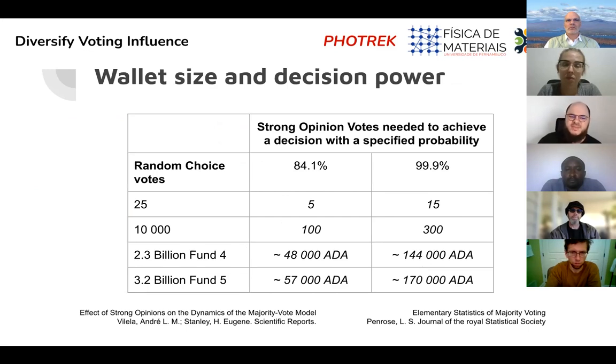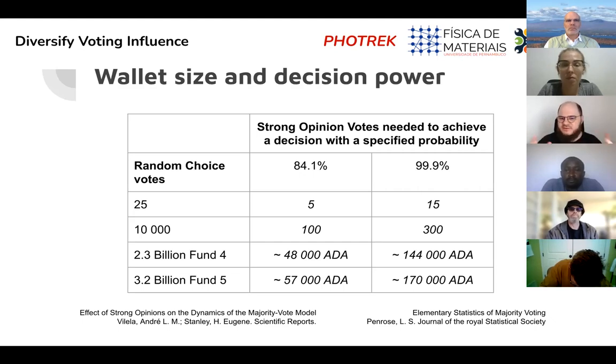But because of the statistics of the majority vote, you have some non-trivial results. Let's suppose that you have these 25 people, 25 votes, or let's say 25 ADA, and they are going to vote yes or no. If you have just 5 of those guys who say, okay, let's join together and vote yes, we are not going to change that.